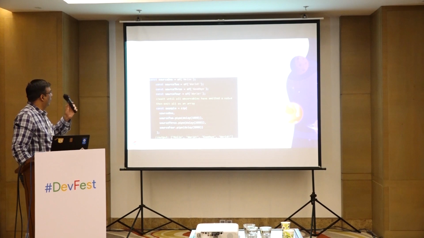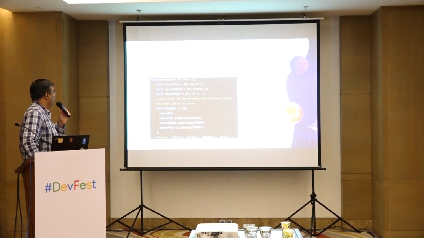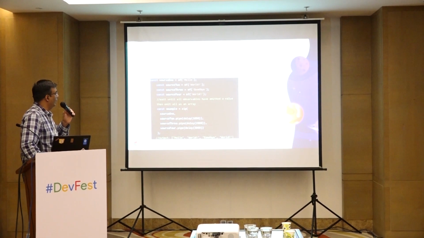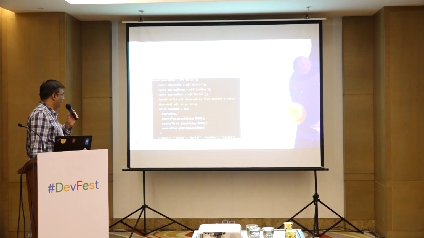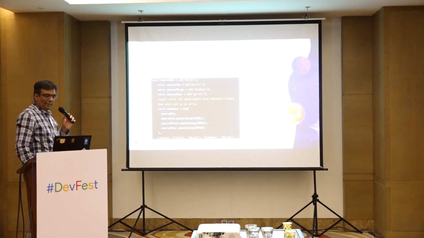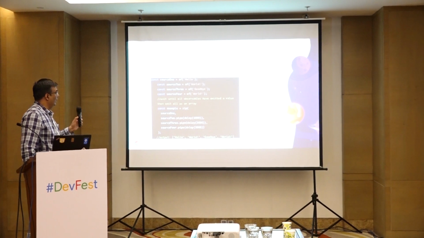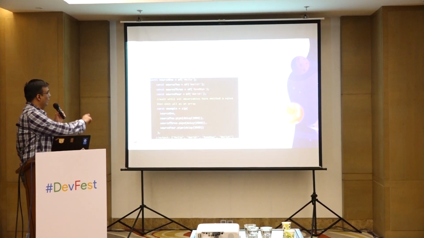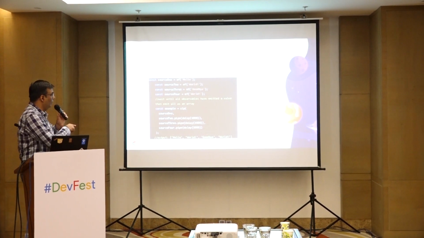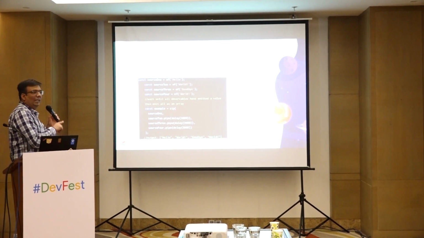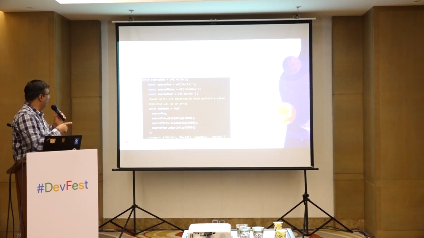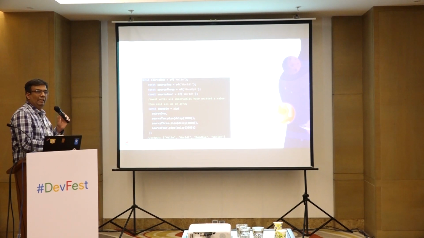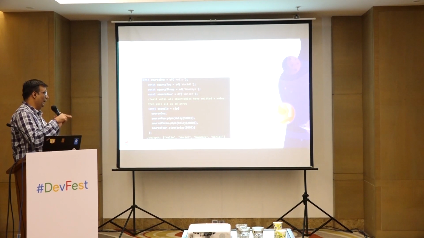So here we have 4 observables with the of operator, and then we zip all these things into the example. First it will put hello, then after 1000 milliseconds it will put world, then it will put goodbye, and then world.